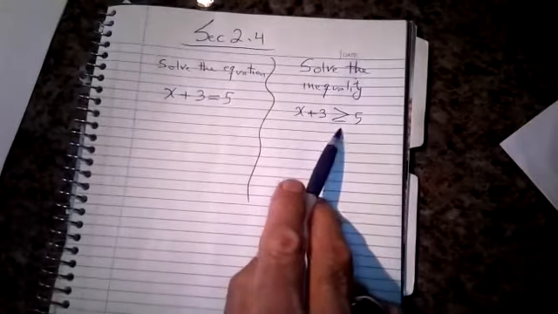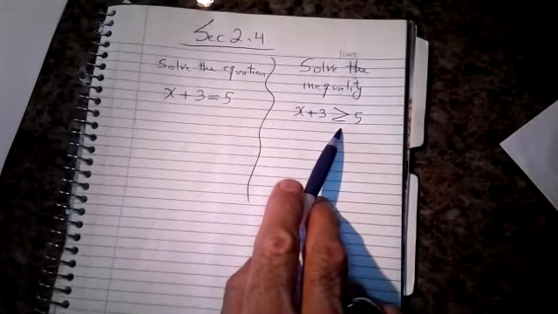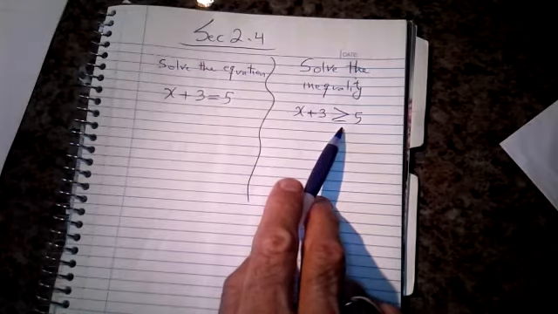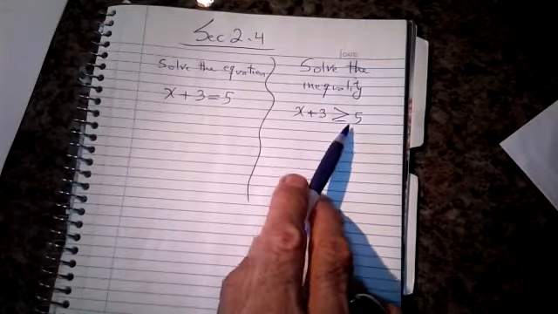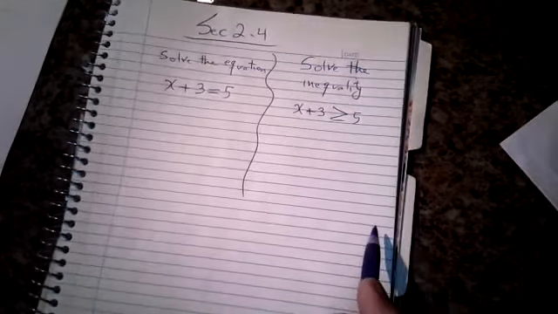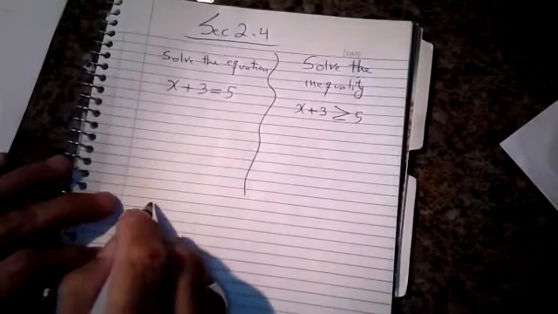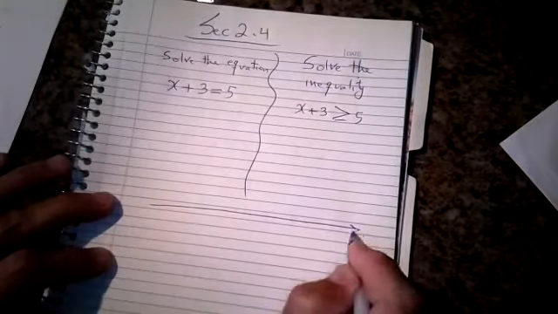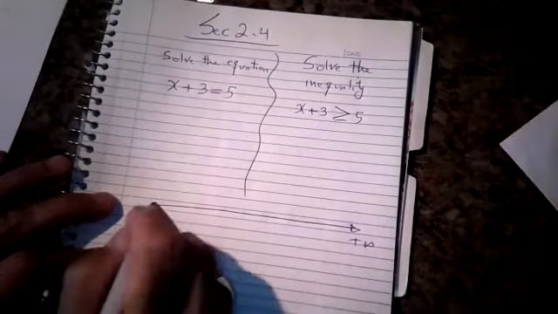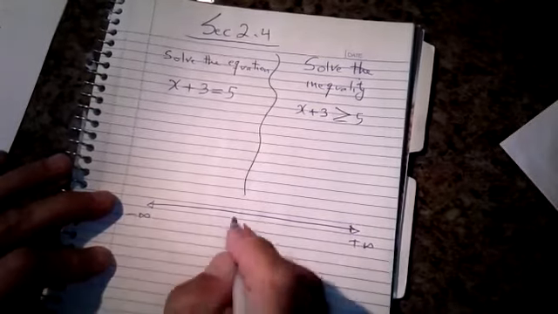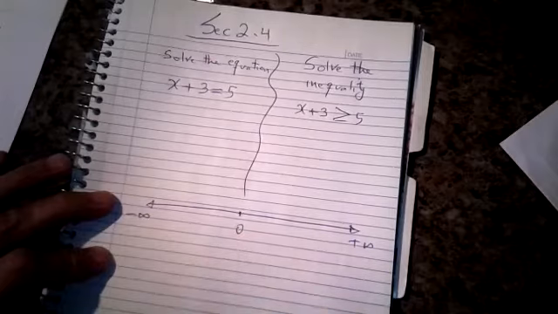This is a symbol that we use for inequality. Okay, so let's say you have a number line. A number line is a straight line divided into equal sections. There is an initial point which is 0.